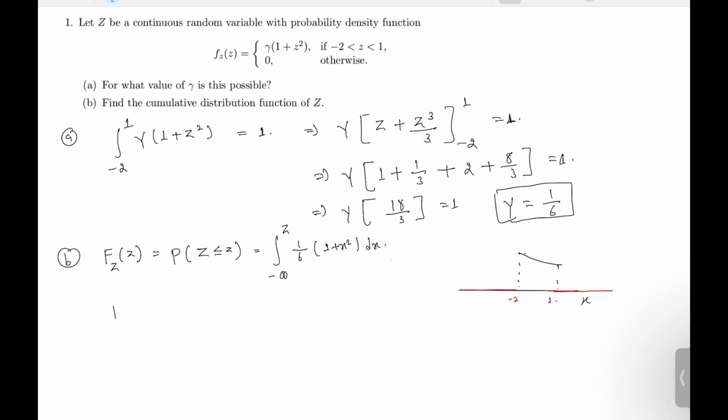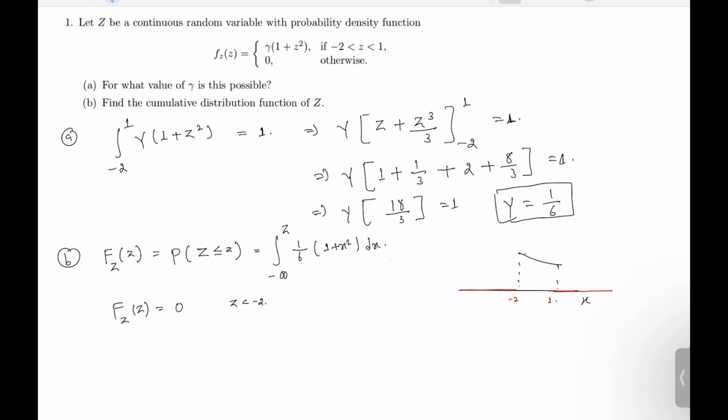So we can directly write that the cumulative distribution function will be 0 for small z less than -2. Now for z greater than -2, we can take z here or here or maybe anywhere up to whatever point we want to calculate. So this z is a generic point, so let's keep it as a generic one.